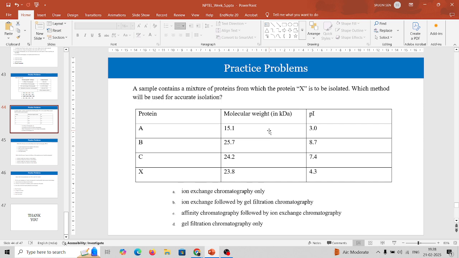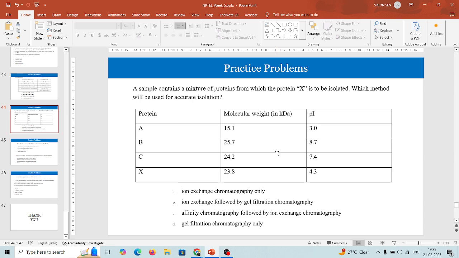If you forget about the options, if you look at just the options, B is the correct answer. But why ion exchange first? Why not filtration? So when you do an ion exchange chromatography, that will separate out your A and X from B and C. Anyways, you can also do gel filtration over here, but the number of impurities in the mixture would be definitely more.